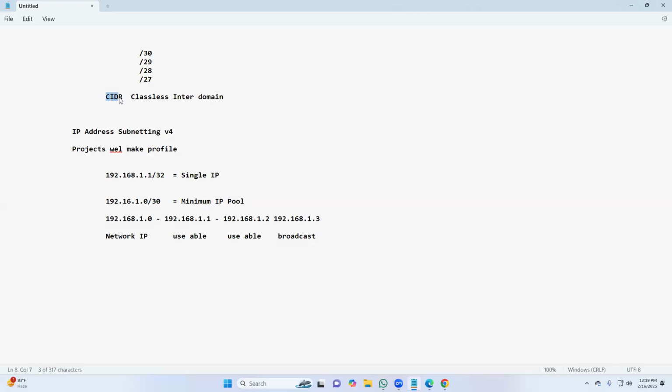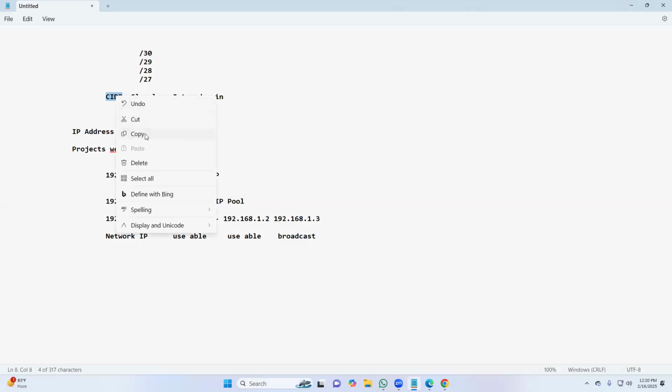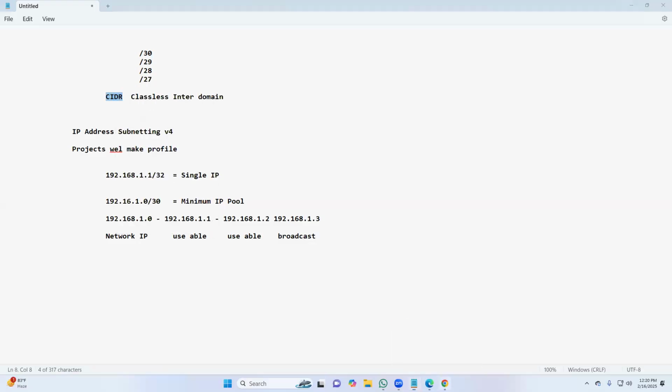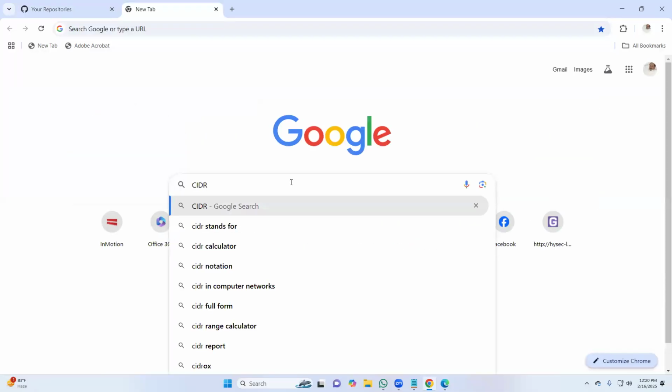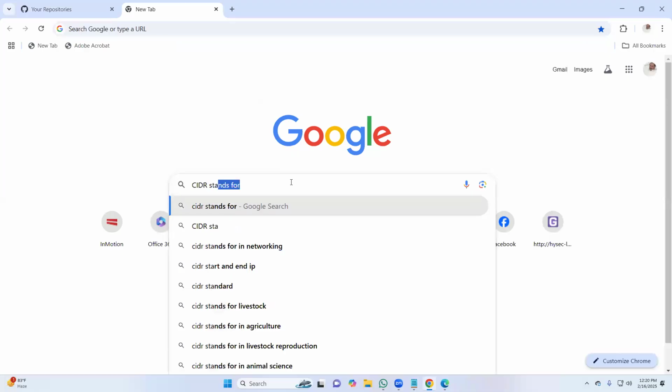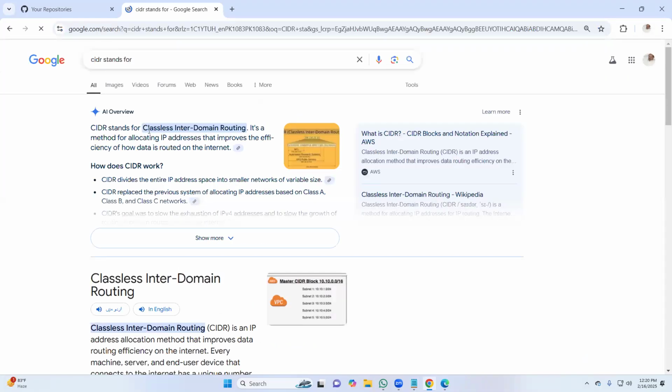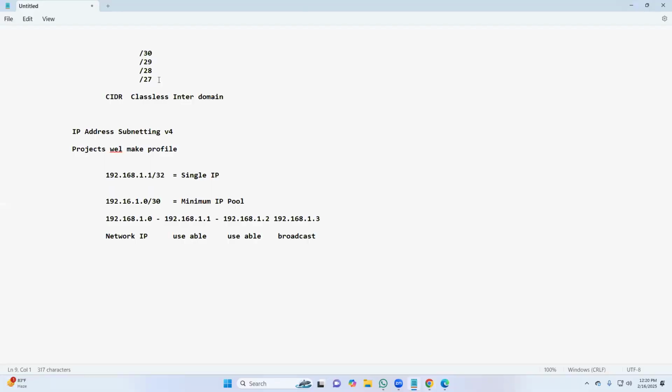I just forget, I think interdomain range, but let me confirm. Okay, CIDR, interdomain routing. Sorry, classless interdomain routing. Okay, and this method is called CIDR.